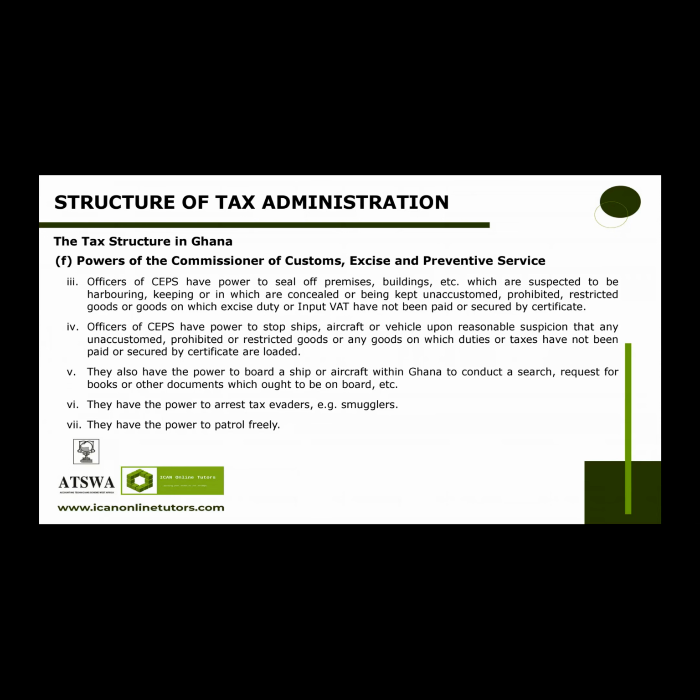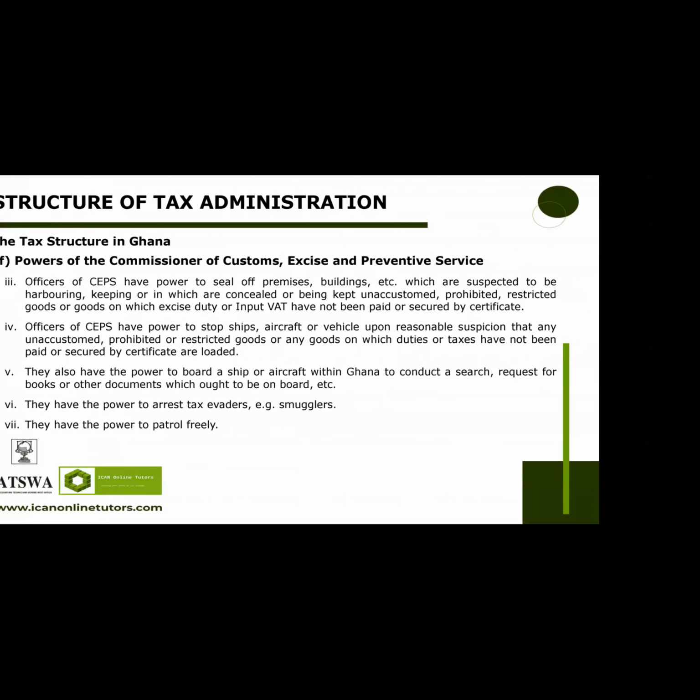Also, the power to search premises, the power to seize aircraft or ships found to have been carrying unaccustomed goods, the power to prosecute tax defaulters in court, the power to impose penalties, and to levy distress for excise and sales tax are all powers of the Commissioner of Customs, Excise and Preventive Service. Are we together?